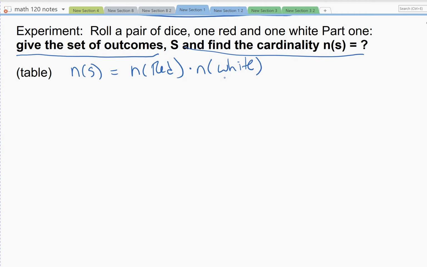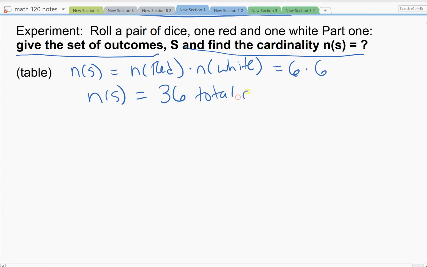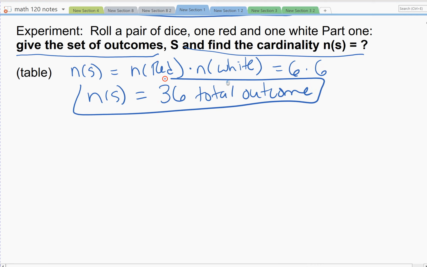The fair dice, meaning the red die can roll 1 through 6, and the white die can roll 1 through 6. So there are 6 possibilities paired with 6 possibilities. The total number of outcomes is 6 times 6, which is 36 total outcomes. And that's always the case when we roll a pair of distinguishable dice. There are always 36 total outcomes.